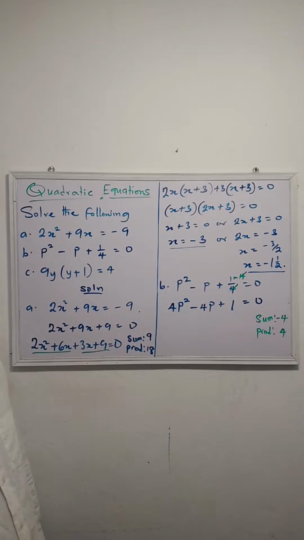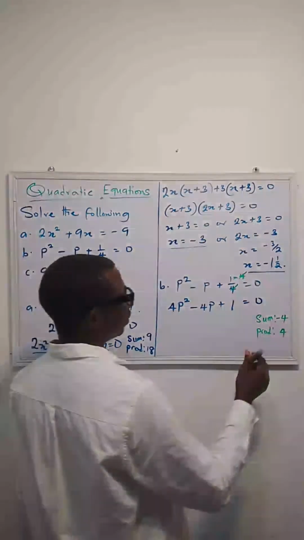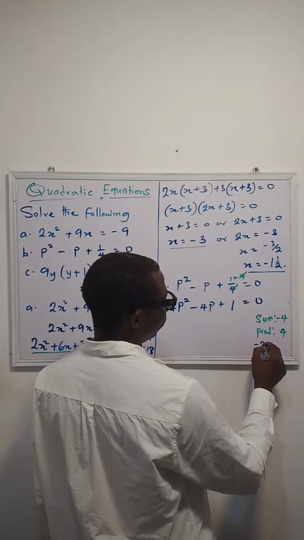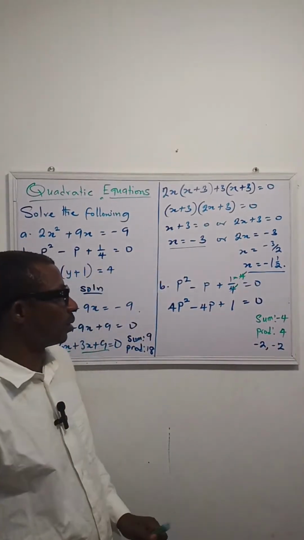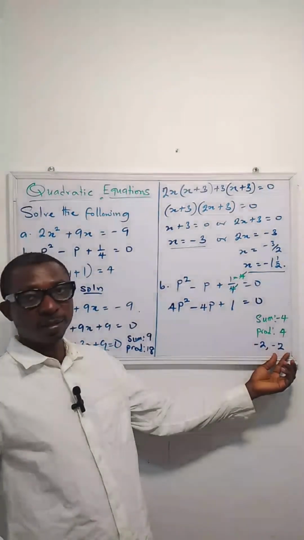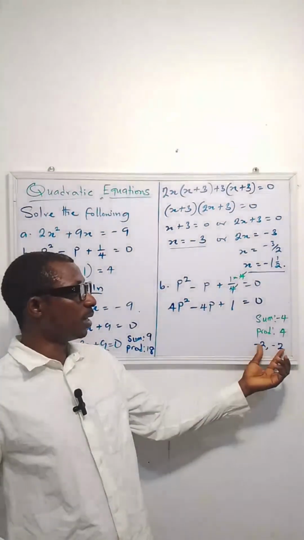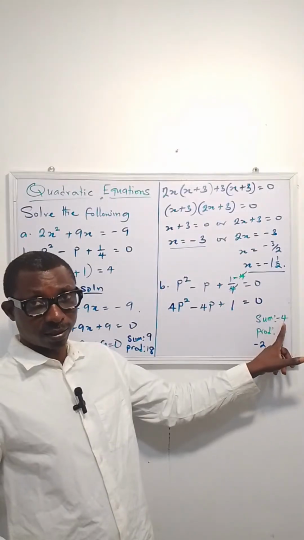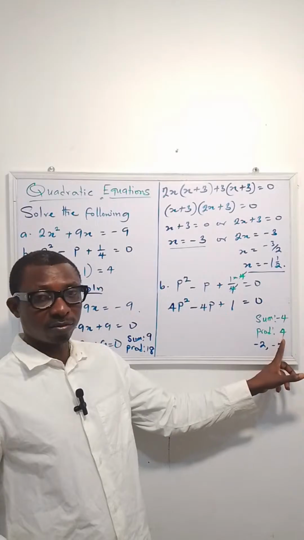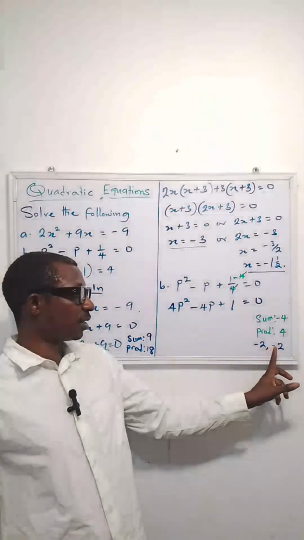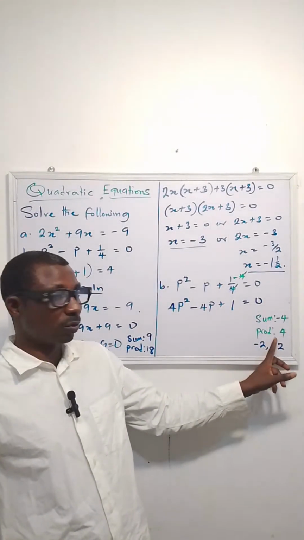Now it's very simple. We have negative 2 and negative 2. Now look at this. Negative 2 and negative 2, when you add the two together, you have negative 4. You agree with that? And when you multiply these two together, you have plus 4, because minus times minus is plus. 2 times 2 is 4.